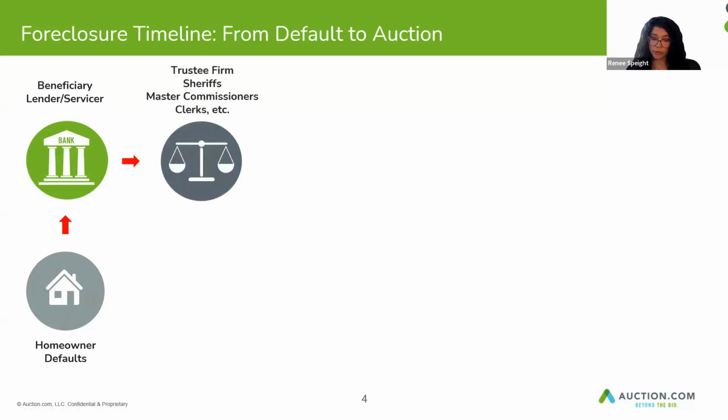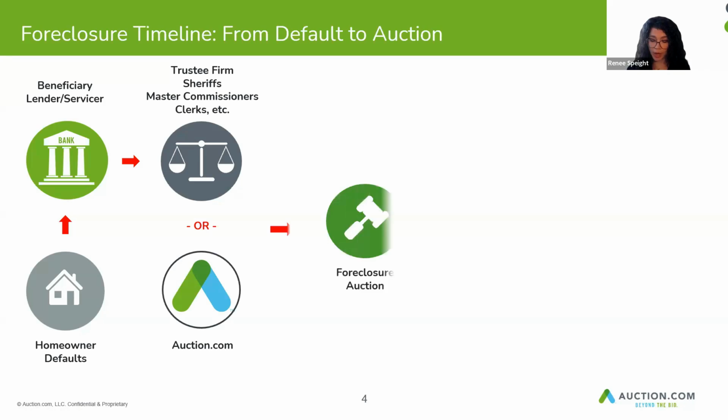The lender can either work with a trustee firm, county sheriffs, master commissioners, clerks, or appoint Auction.com to manage those foreclosure proceedings. After the required legal steps, the property is placed up for auction. This is the stage where buyers like yourself can bid on the property to potentially win at the foreclosure sale.